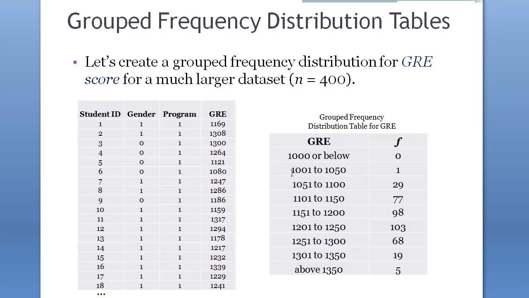GRE score 1,001 to 1,050, in this category there's one person, and between 1,051 and 1,100 there are 29 people, and 77 people are between 1,101 and 1,150. So this is also another example of a frequency distribution.